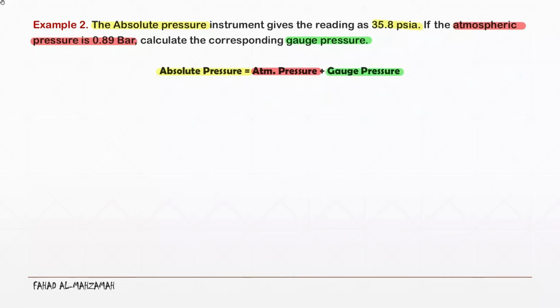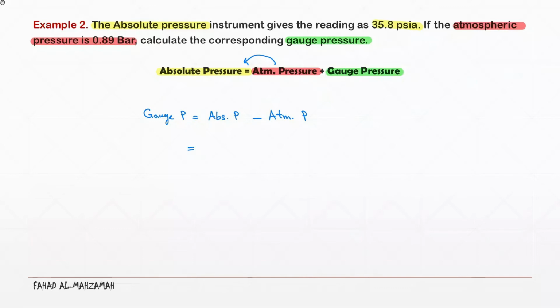So the answer is simply, since the gauge pressure is unknown, you will say that gauge pressure is equal to the absolute pressure minus the atmospheric pressure, because you are moving the atmospheric pressure to the other side with a negative value. Now try to substitute the values.